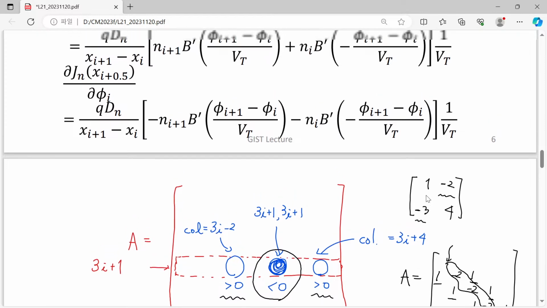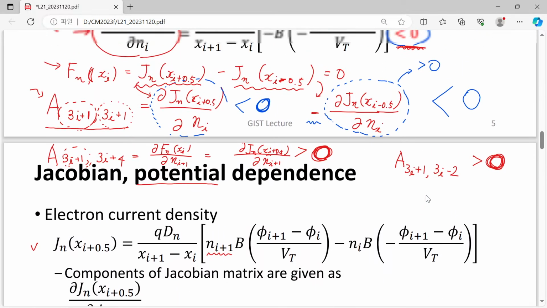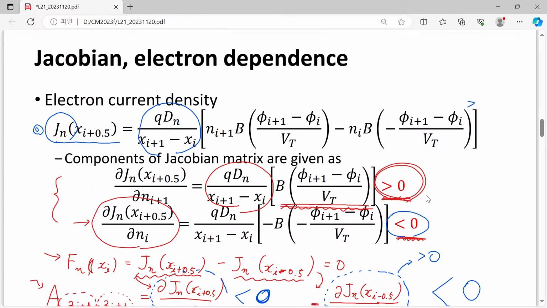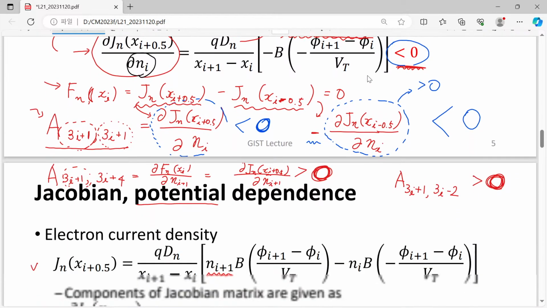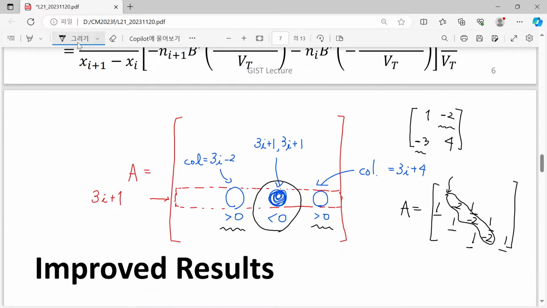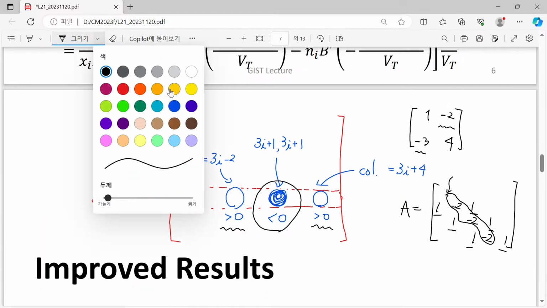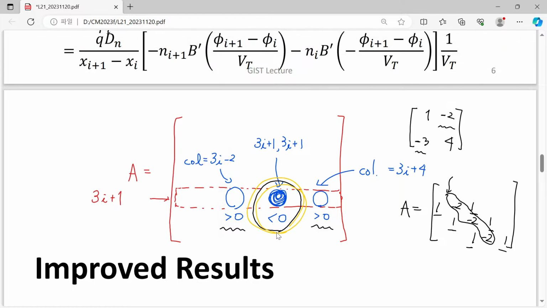So I wanted to say that when you make this Jacobian matrix, especially for your electron density, you can have a very important property, like all of your off-diagonal components and diagonal components do not share the sign.